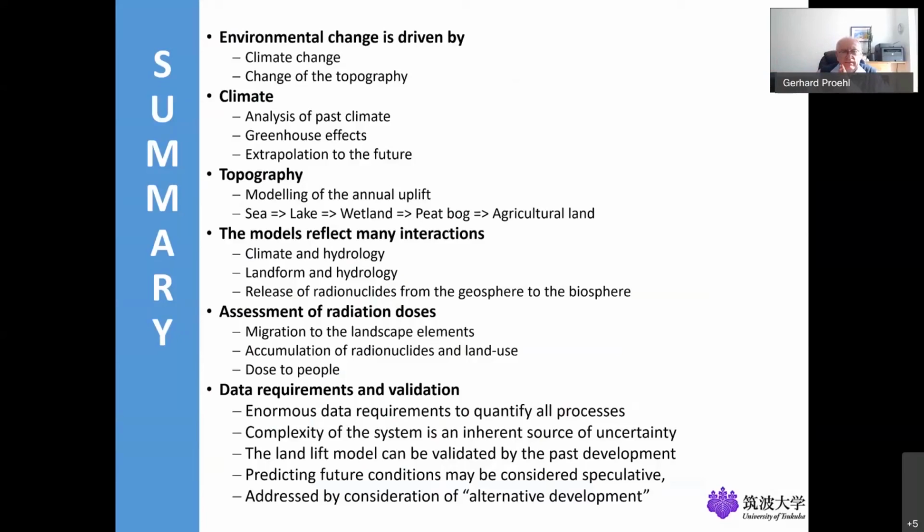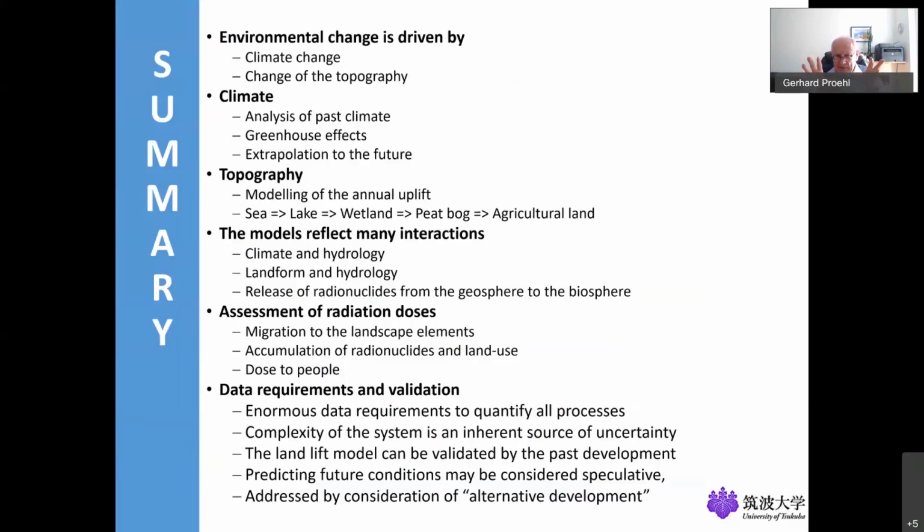The topography changes due to an annual uplift, and therefore we have the development from sea to lake to wetland to peat bog and to agricultural land.